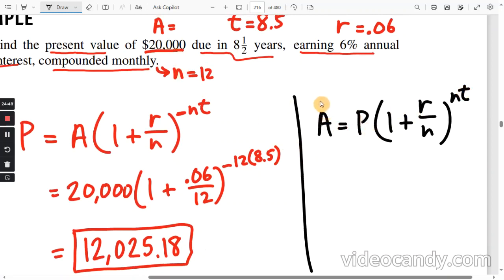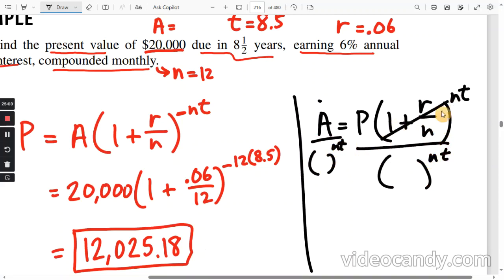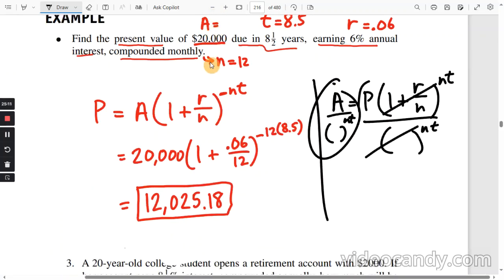You plug in 20,000 for A, you plug in all the numbers here, and whatever you get for this, you just divide both sides by that amount. Whatever is in parentheses to the power of nt would cancel, and that would give you P. Whatever you got there would be your answer for P. So this is just a little bit of a shortcut on the formula. It still works even if you use the regular compound interest formula.